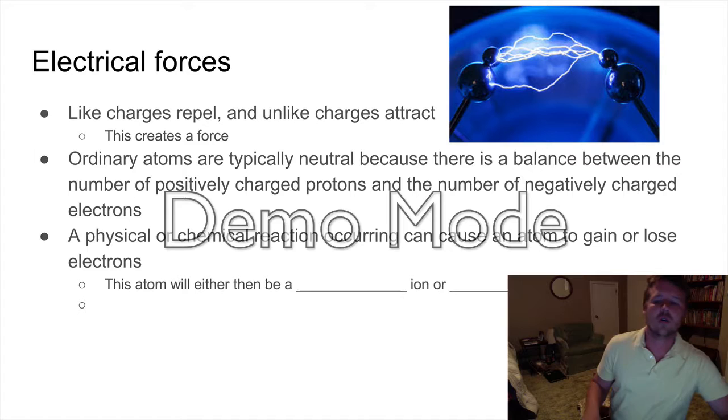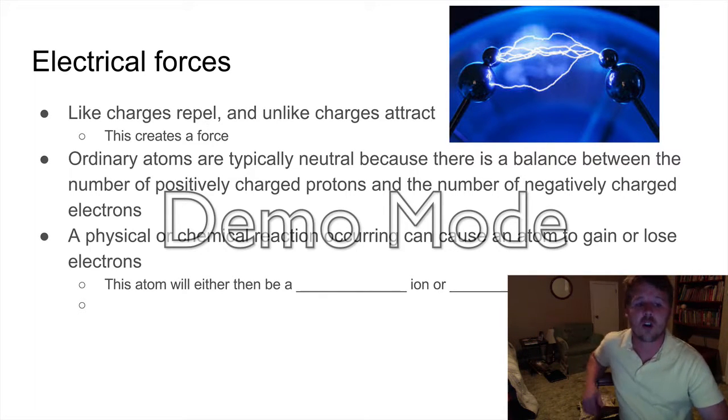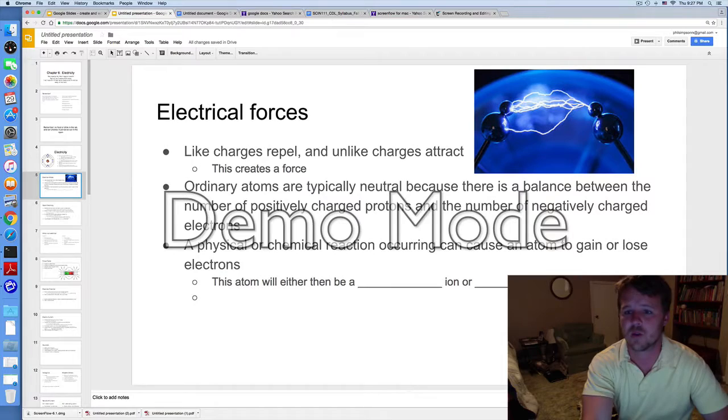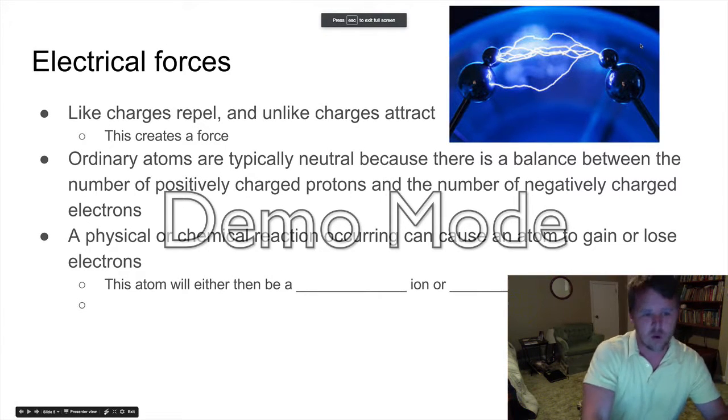So because there's that electrical field around that charge, it can be classified as a force because you can attract or repel other charges. So like charges are going to repel, and unlike charges attract. Let me make sure I'm recording. Yep, I'm still recording.